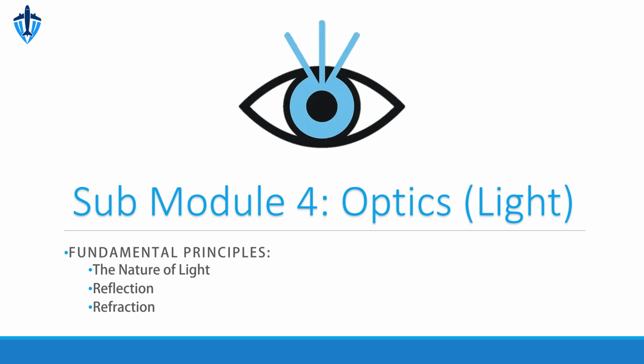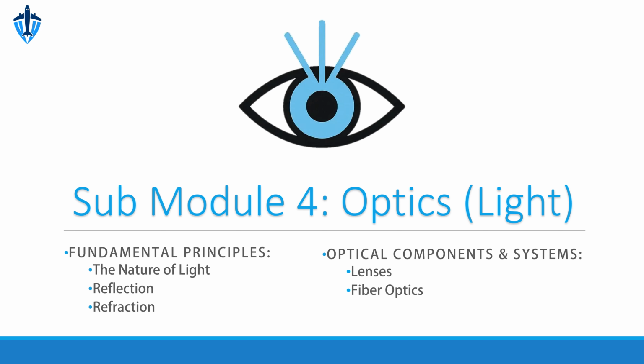In the second part, we'll apply these principles to optical components and systems. We will see how lenses manipulate light to create images. Then we will dive deep into the technology of fiber optics, covering essential topics like its cable construction, the different fiber modes, the critical techniques of termination and splicing, and finally, how it all comes together in a fiber optic data link.